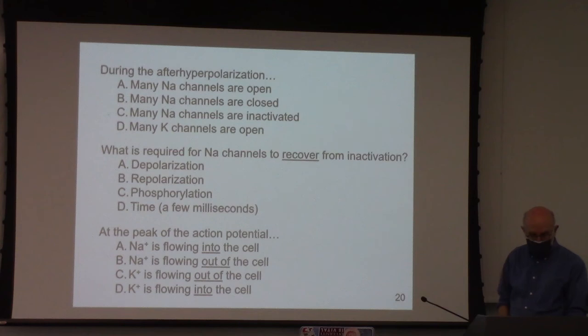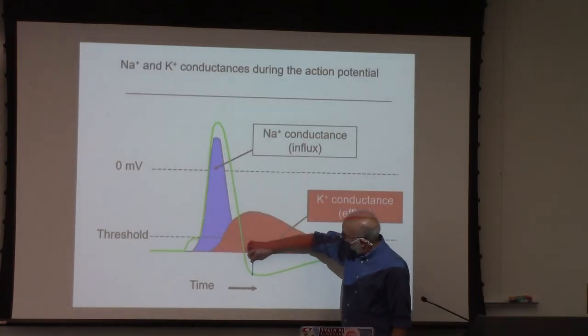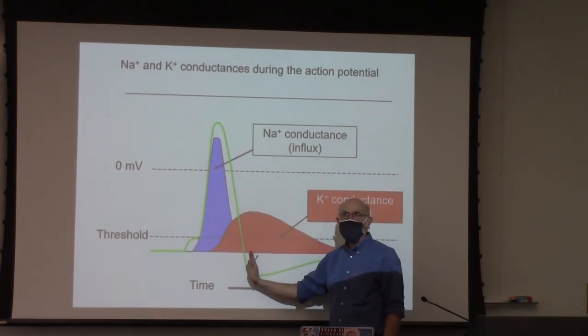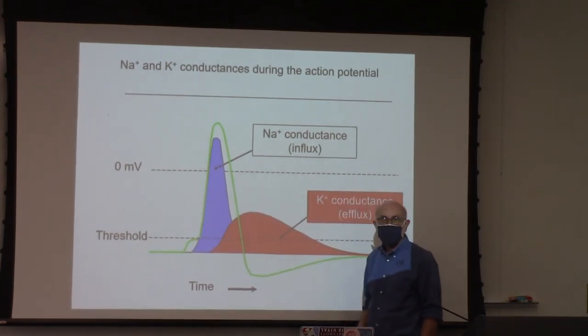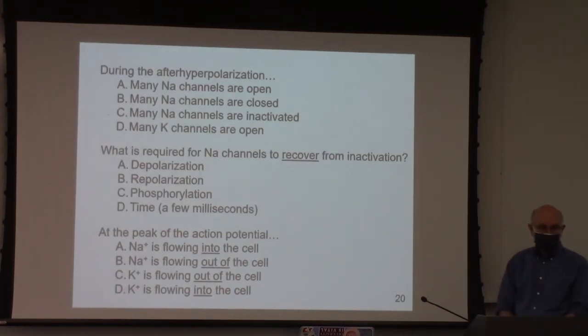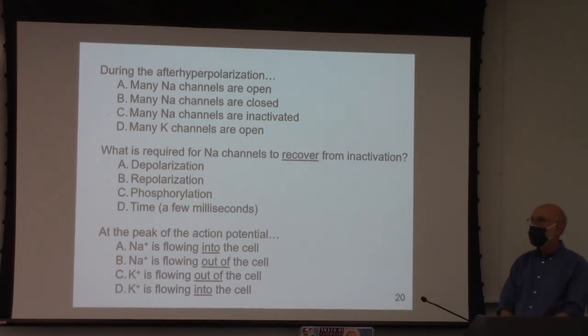And let me be specific. Let's say right here, the maximum after hyperpolarization. Not way out here, right here. Show me your answers. Okay, I see some correct answers and some not correct answers.